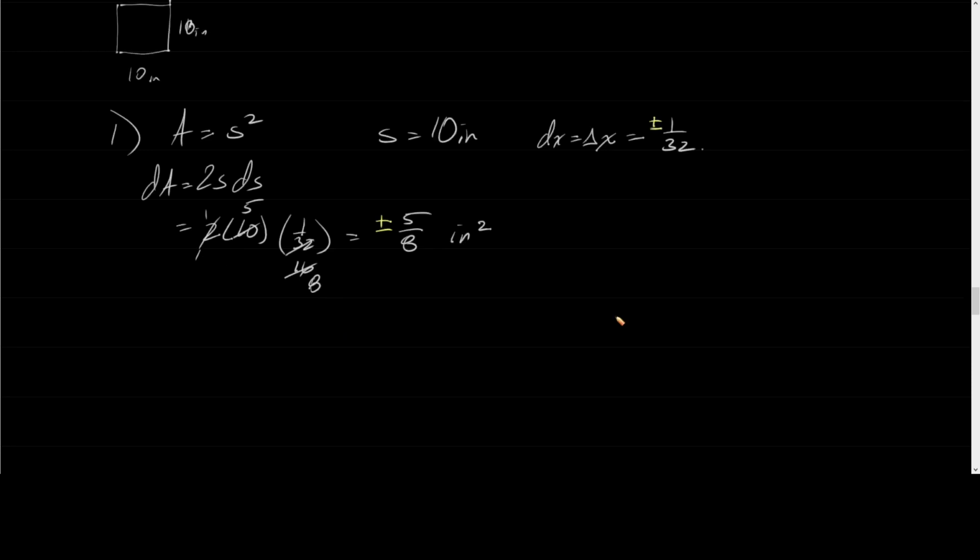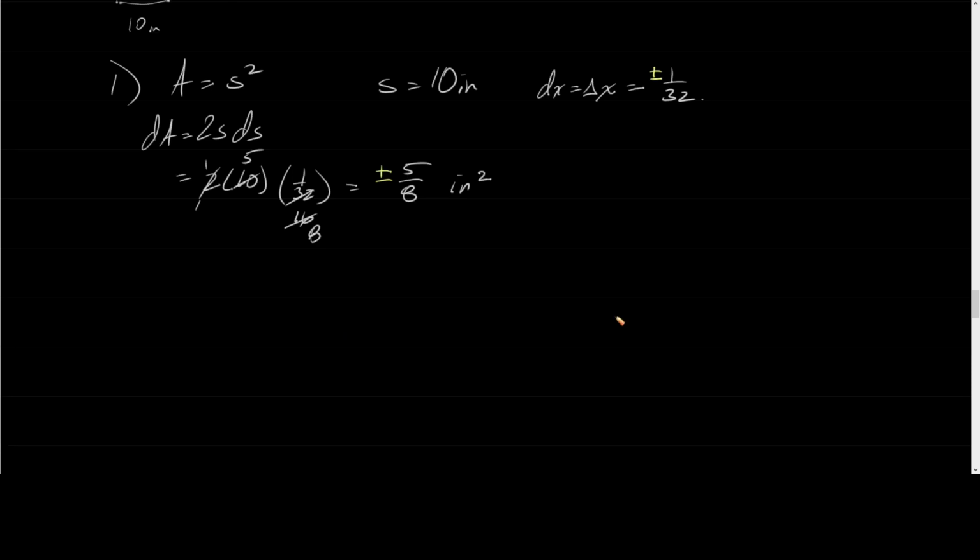Now, how much of a percent error is that? That's part 2. We found that the propagated error is up to 5/8 of an inch, and in decimal, plus or minus 0.625 square inches. To calculate the percent error, we would have to do the measured error over the actual area.